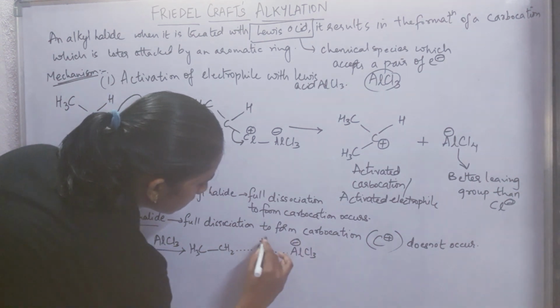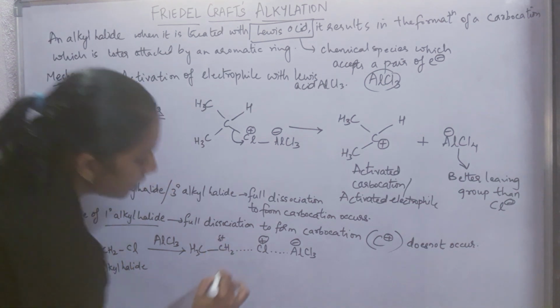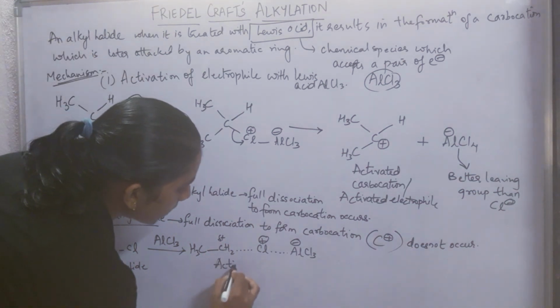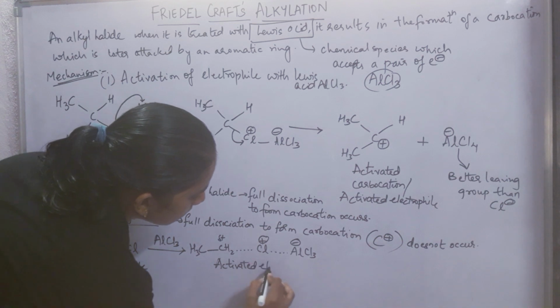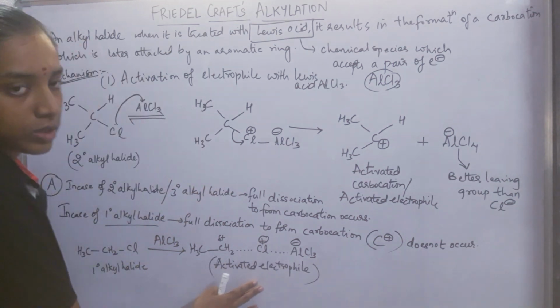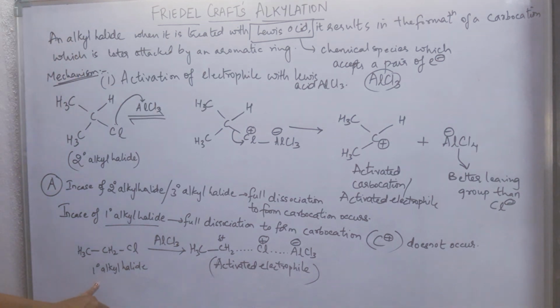This is negatively charged, this is positively charged, and carbon here is partially positive. Here this is the activated electrophile. This will be the final product here. When we take a primary alkyl halide, we will not get a carbocation like this. This is the first point which we have to remember.